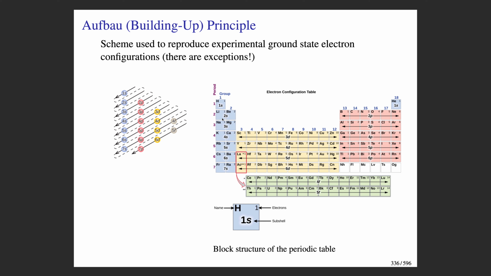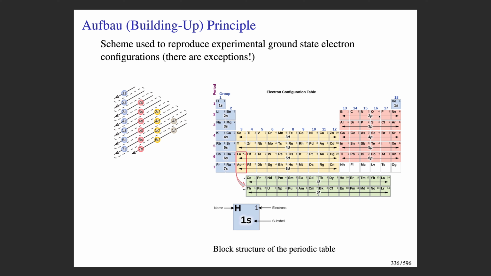So for example, when you put one electron into an atom, it starts by going into the 1s orbital. If you're at the lithium position, the third electron goes into the 2s orbital. Note that the period number on the periodic table corresponds to the principal quantum number in this sense.